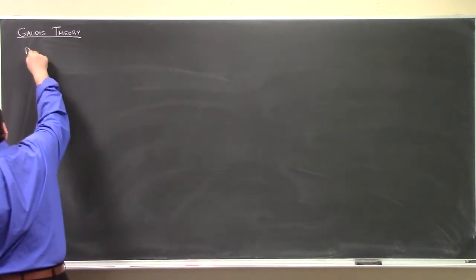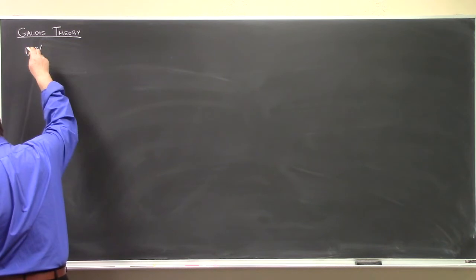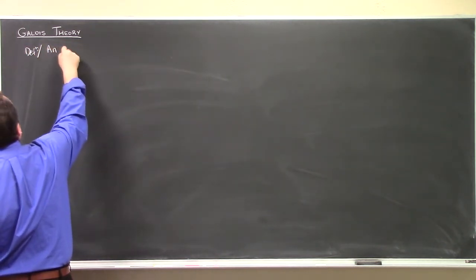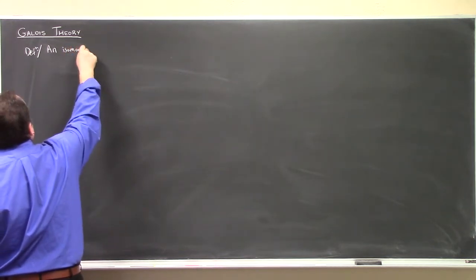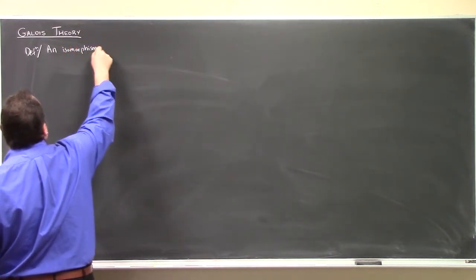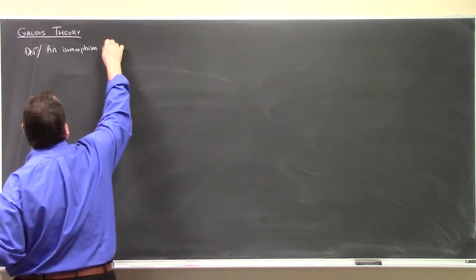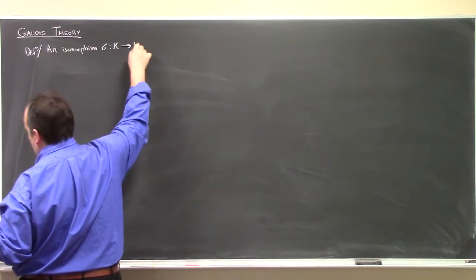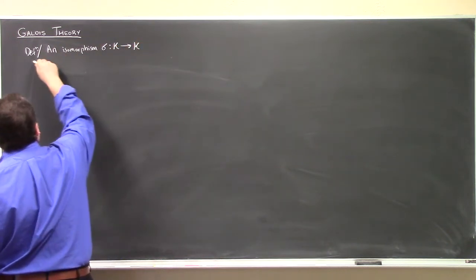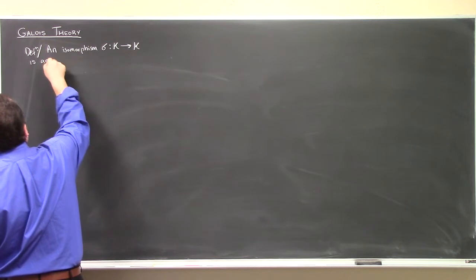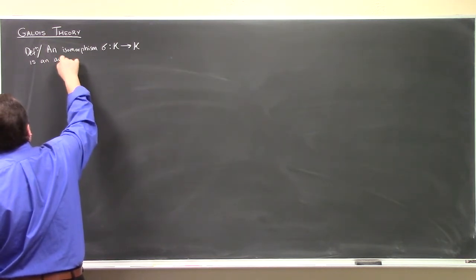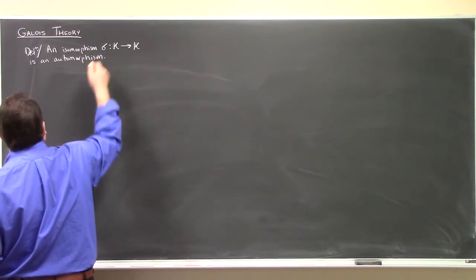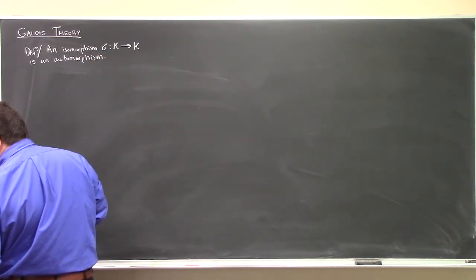So, definition. An isomorphism sigma from a field K to itself is an automorphism of K. So an automorphism is an isomorphism from something to itself, right?